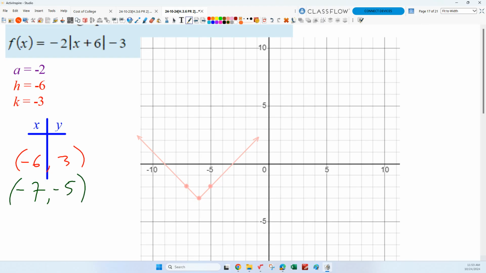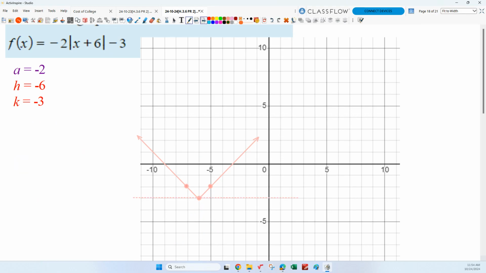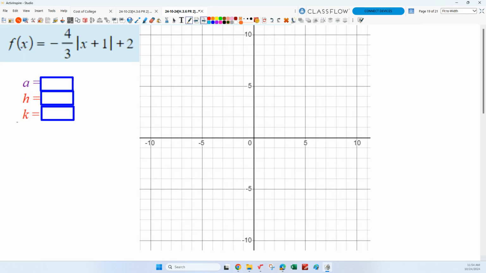There you go, right? So negative 7, I should have picked negative 5, shouldn't I? Negative 7, negative 5. So I go down to there, reflect it over, and I get my points with the t-table. All right.